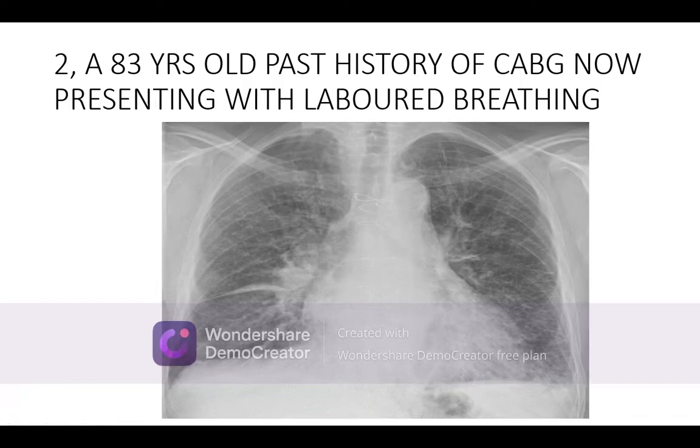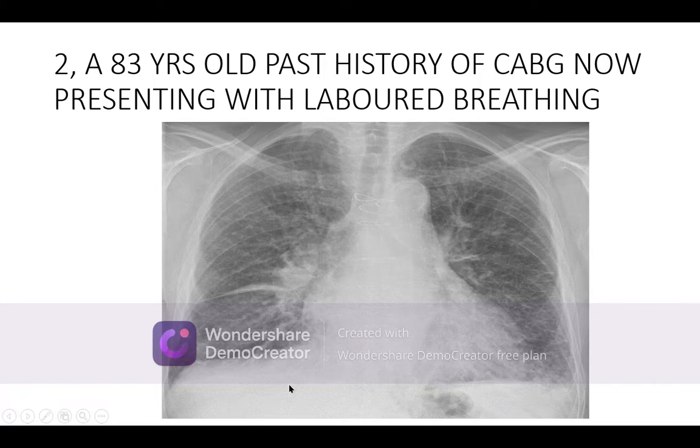The second X-ray was of a 33-year-old with a past history of CABG, now presenting with laboured breathing. This is the history of CABG very recently, and the patient is now presenting with laboured breathing. Interpreting this, the wiring is seen, and the bony skeleton and the soft tissue shadows, etc. are all seen here.